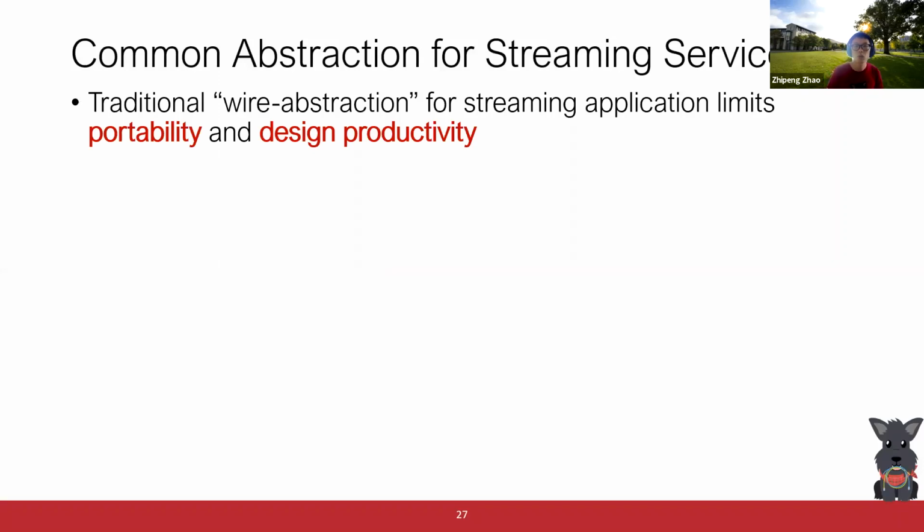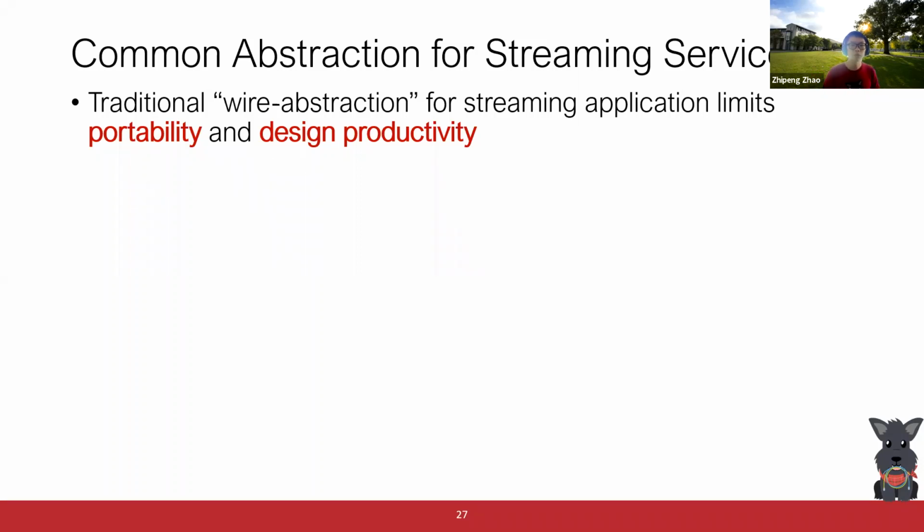And since we need users to pick the configurations, it is important to provide very high portability and design productivity such that users can easily explore different design choices or hardware targets. However, the traditional wire abstraction for streaming applications limits the desirable portability and design productivity.